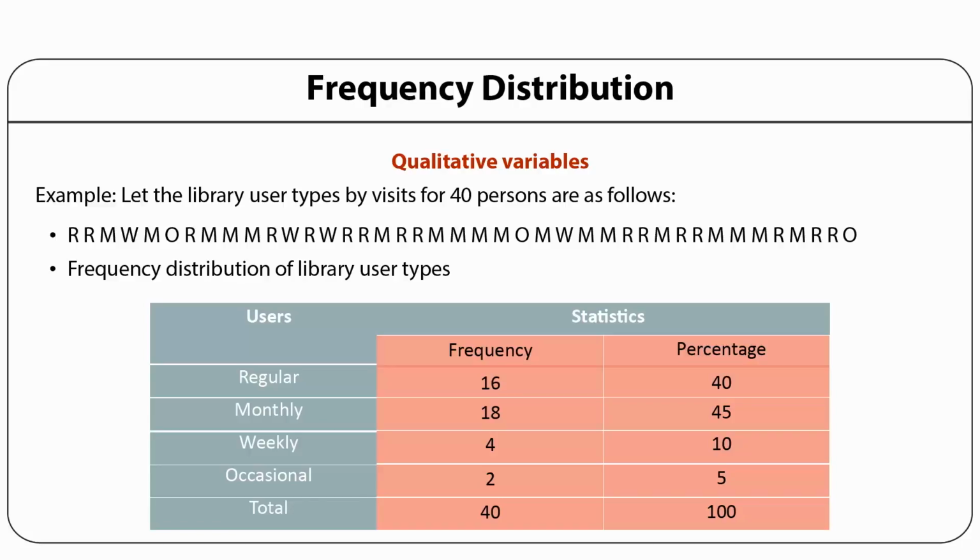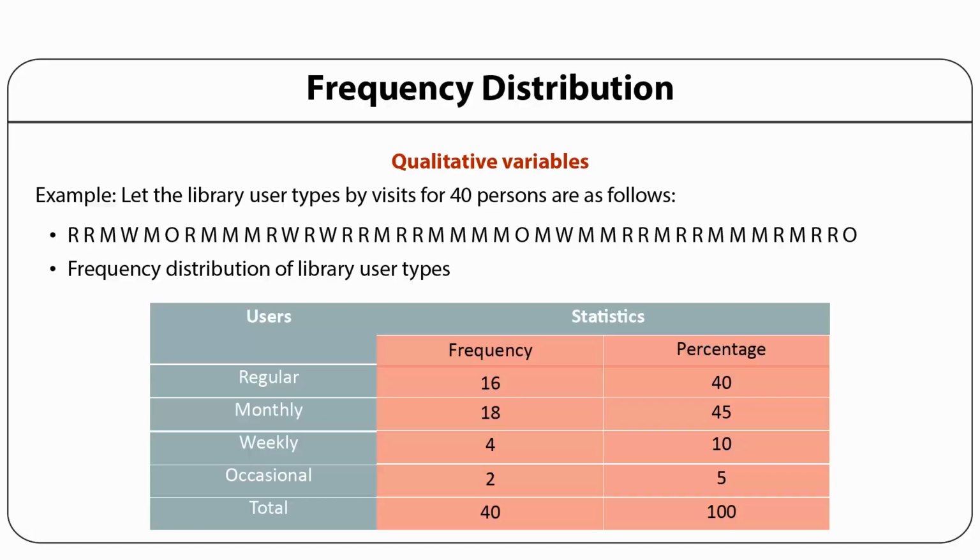You draw a conclusion like this: out of the total visits in this particular library, in this particular month, mostly regular and monthly users can be found, because they are making 40% and 45%, that is a total of 85% of the total number of visits. That is a conclusion I am drawing based on this statistics.